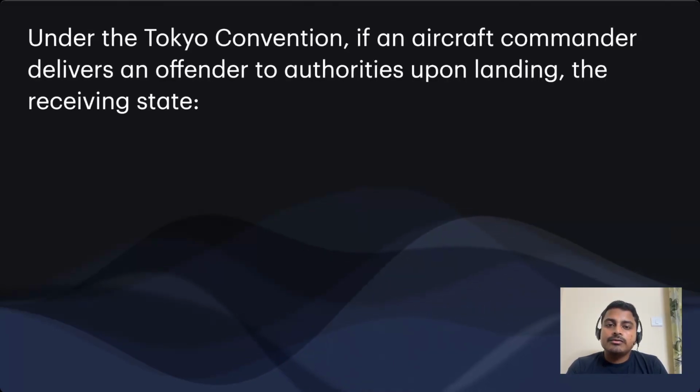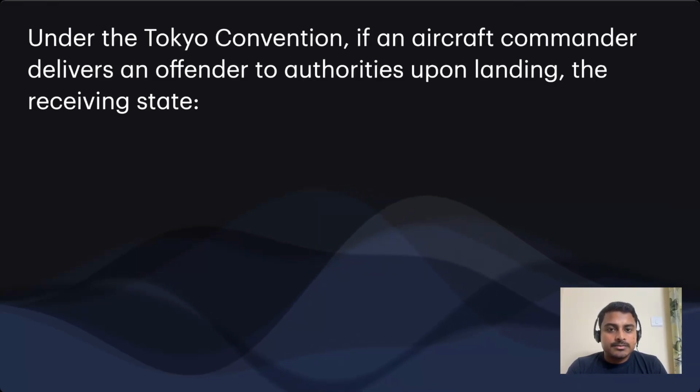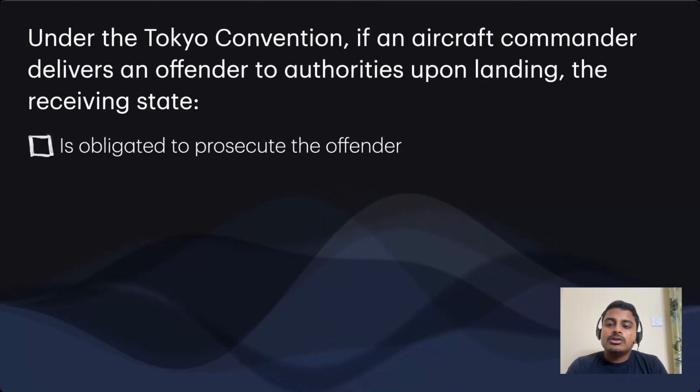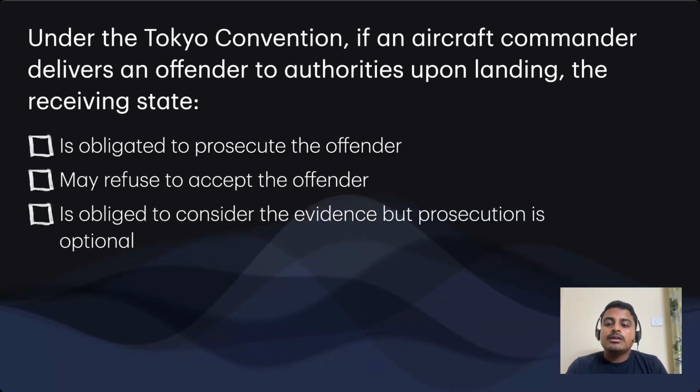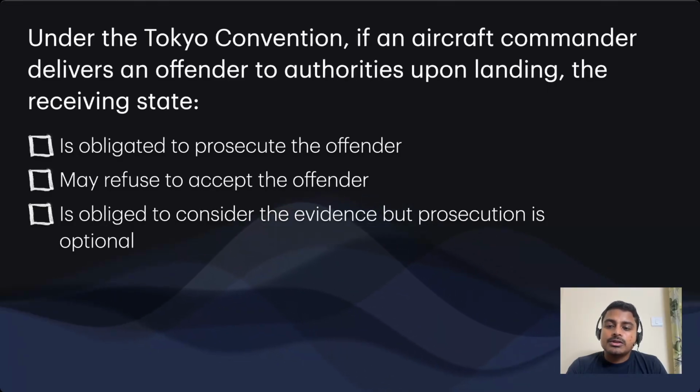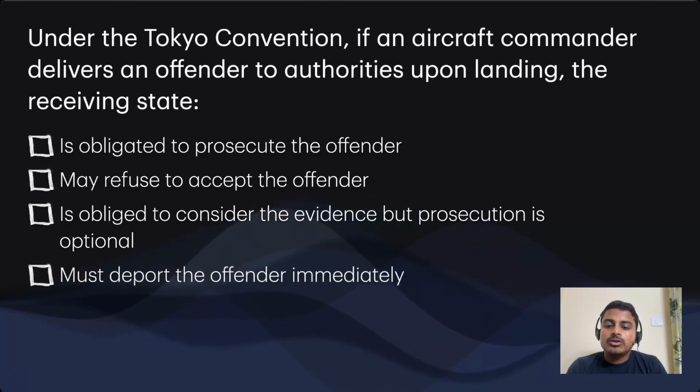Under the Tokyo Convention, if an aircraft commander delivers an offender to authorities upon landing, the receiving state dash. The first option is obligated to prosecute the offender, may refuse to accept the offender, is obliged to consider the evidence but prosecution is optional, must deport the offender immediately.